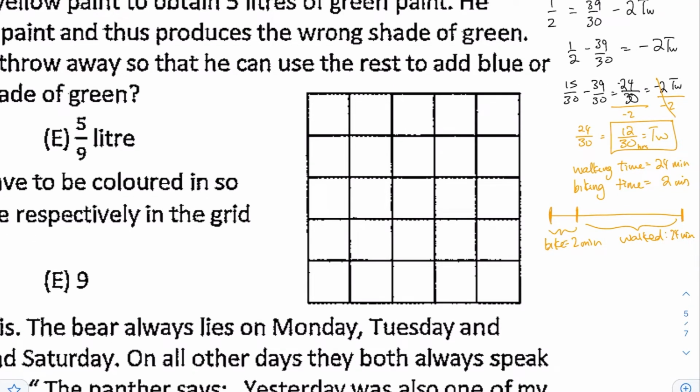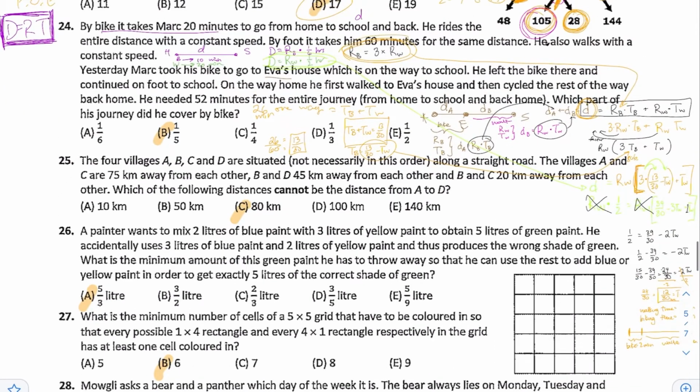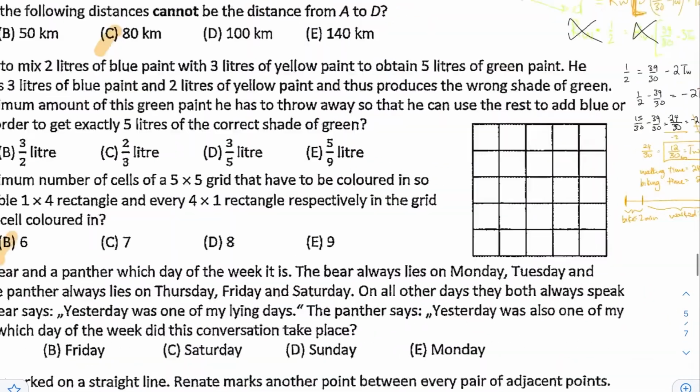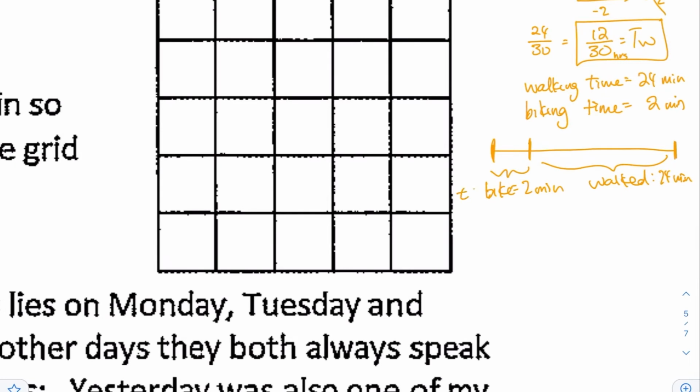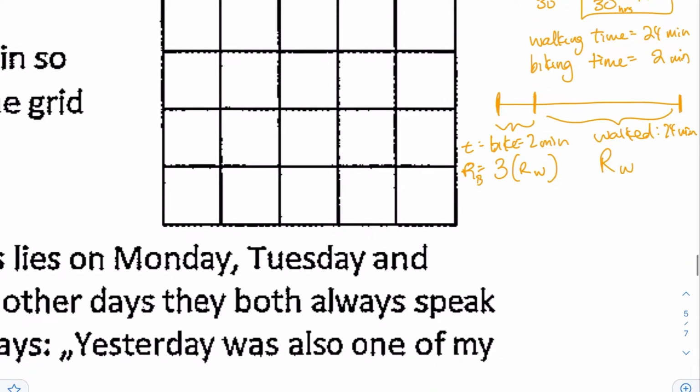You want to figure out the rate, and his rate of biking is what we have here, 3 times RW. So his biking rate is 3 times RW. His walking rate is just RW. So if you multiply this through, everything will be in terms of RW.